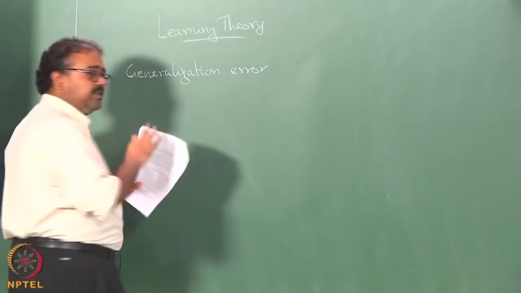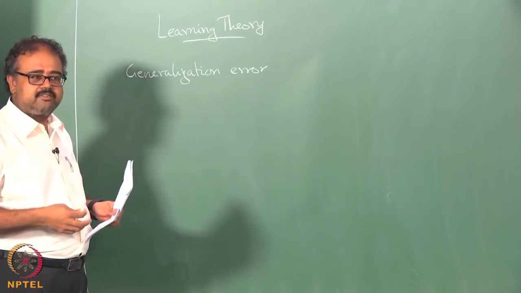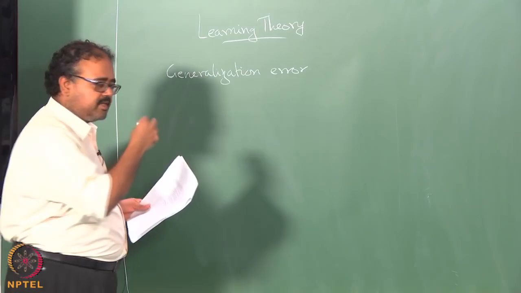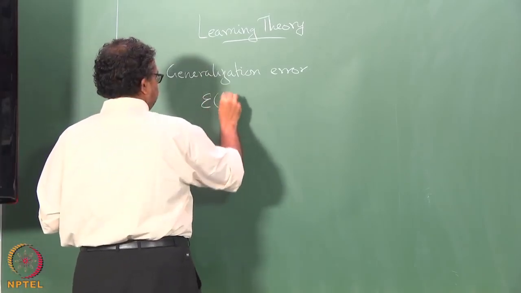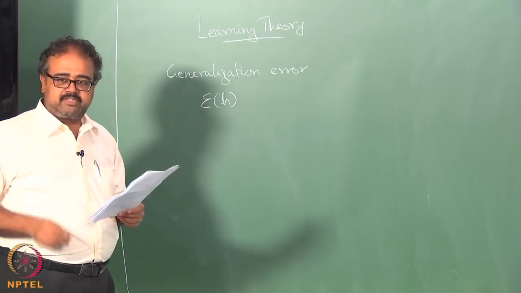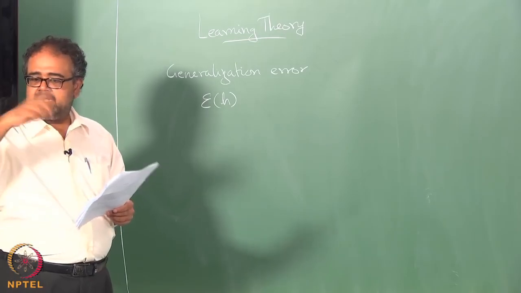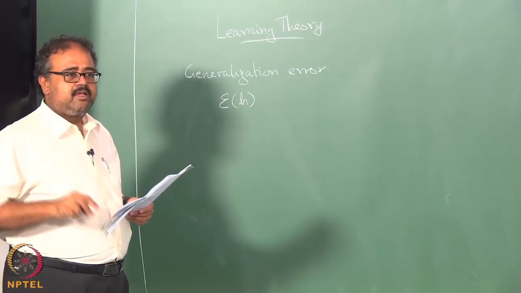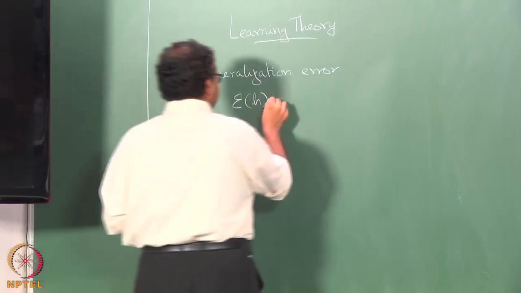After the notes, this will be completely different notation from what I have done earlier in the class, but I will just stick with the notes and I will give you these notations. So, that is the generalization error of a hypothesis H. I will denote by epsilon the error function, and epsilon of H means the error of hypothesis H.